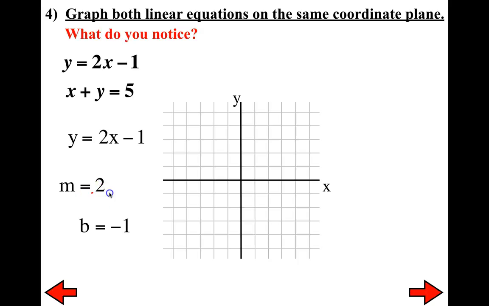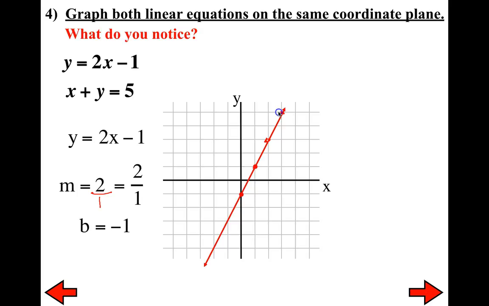We do prefer slope to be written as a fraction because it's so much easier when I'm graphing. So I'm going to graph my y-intercept, which should be on the y-axis at negative 1, which can be found here. Now I'm going to use the slope, which is positive 2 over 1. So I'm going to rise 2, run 1, rise 2, run 1.